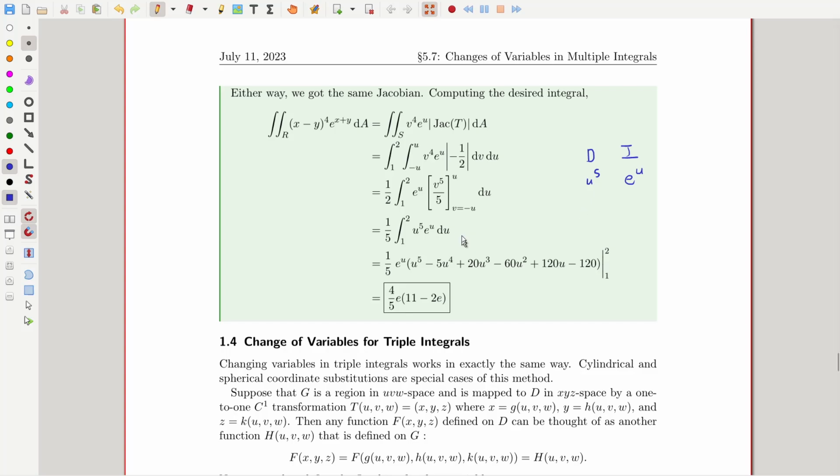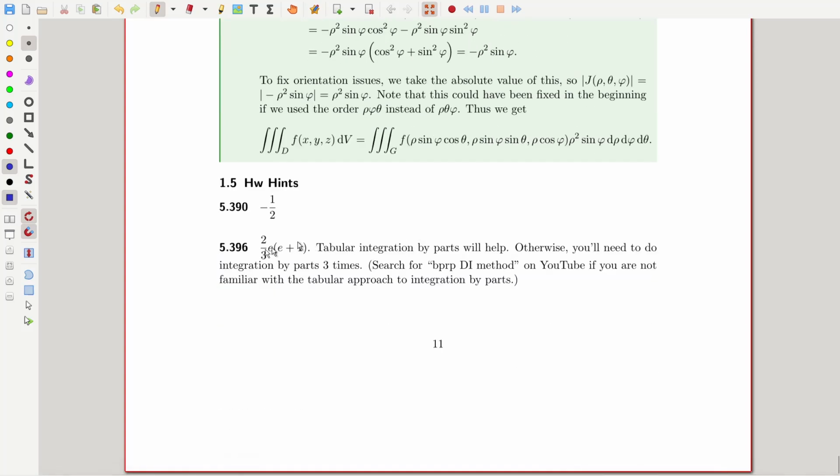I'll just mention that your problem is also going to use tabular integration. It will be beneficial to know how to do tabular integration. If you don't, then you would have to do integration by parts 3 times for your specific problem.